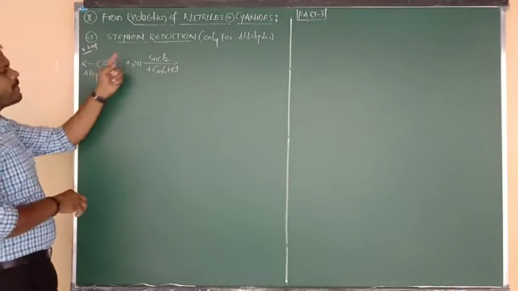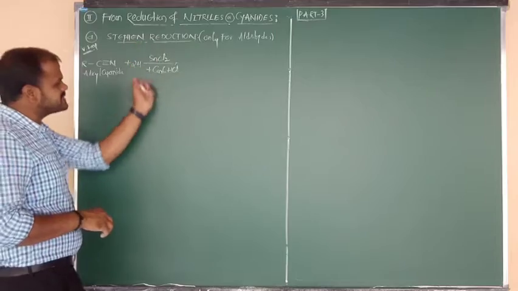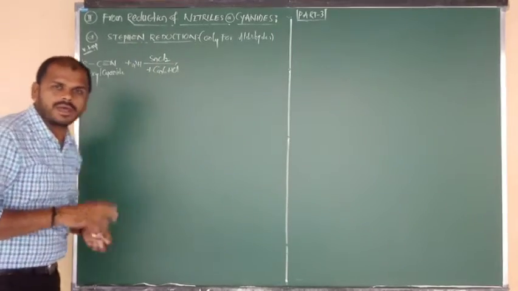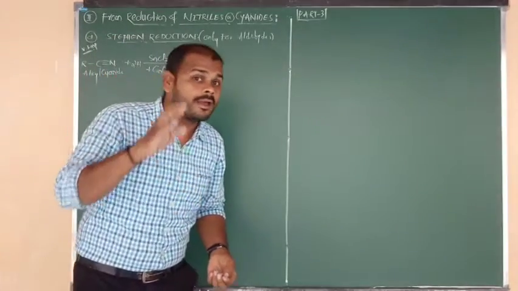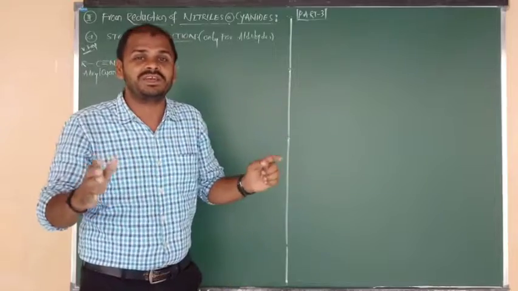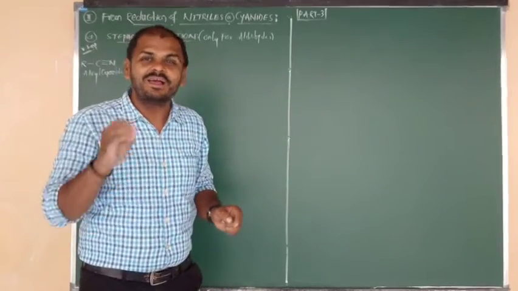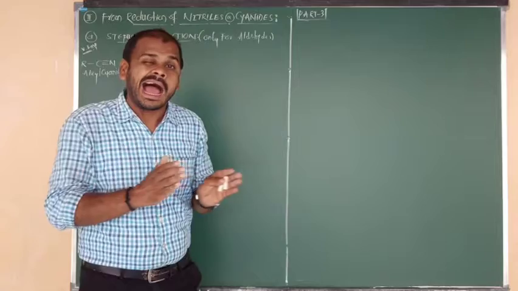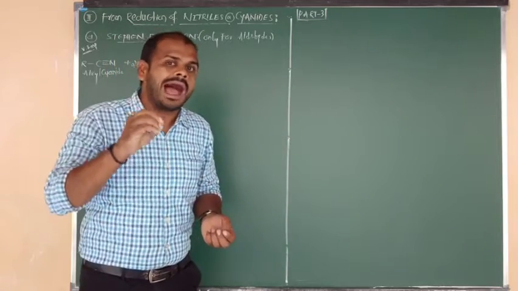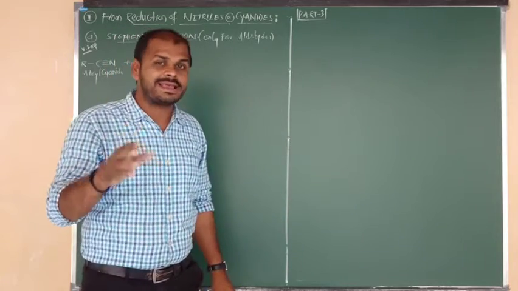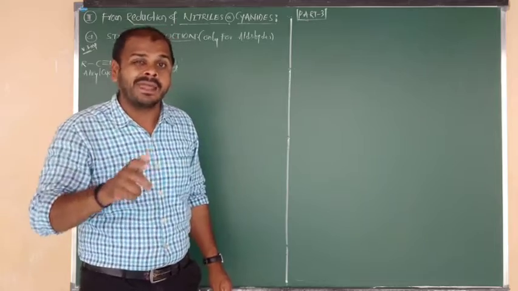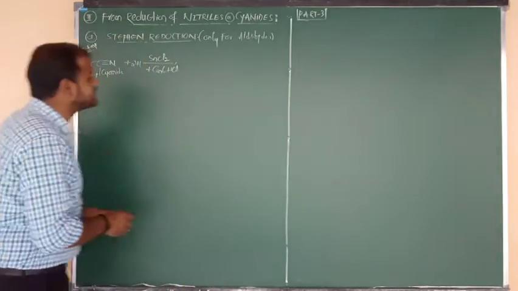Now cyanides upon reduction by using the Stephen reducing agent form an intermediate. The intermediate name is very special; up to now you don't know, beta. The intermediate is nothing but imine. Imine. The formula is very easy, but try to remember the name. Sir, how to write the imine? Listen carefully.